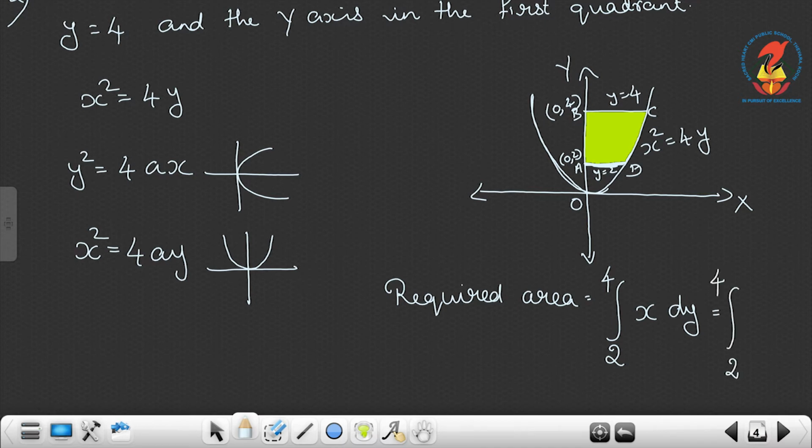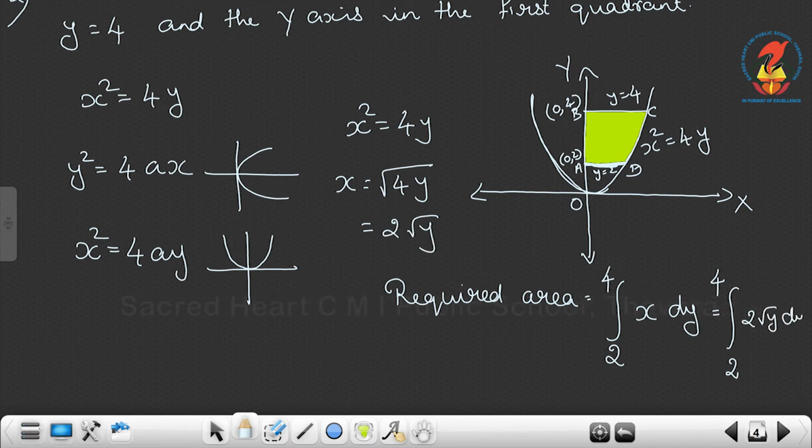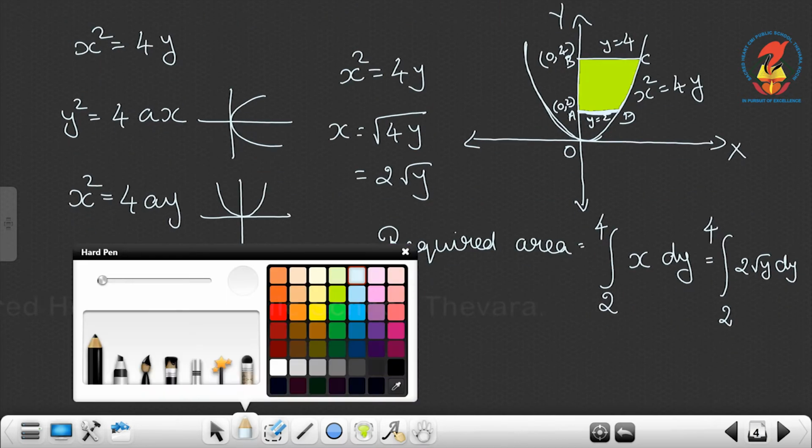Now what is x? From 2 to 4, x square is 4y. So what is x? Root of that, positive value in the first quadrant only, 2 root y. So 2 root y dy. Now integrate.